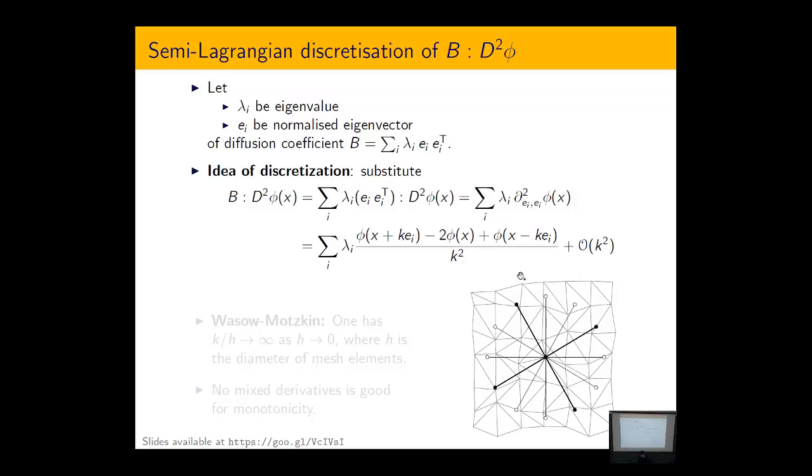That's great, but the problem is that if you do that, then your scheme is, for a start, not hitting any mesh points anymore. Because now you do a central difference discretization in a direction which is given by a coefficient. It's nothing you can choose, and it will just go in that direction. We have to think about how wide our stencil is, but where it lands, you cannot assume to have a node.